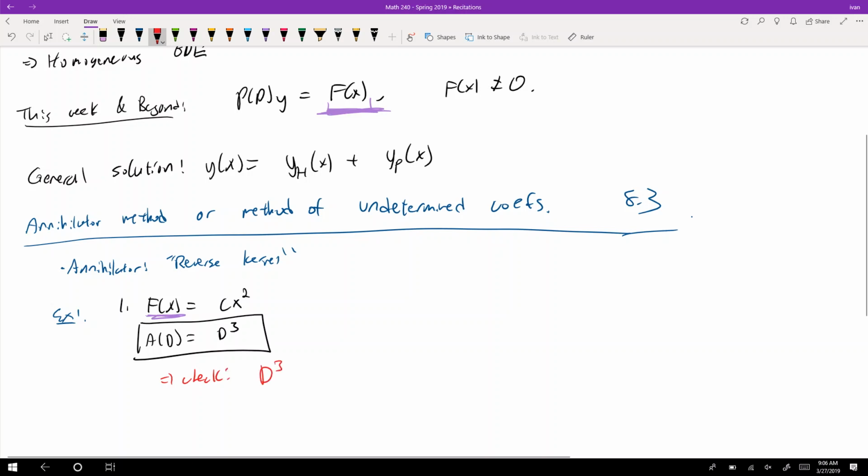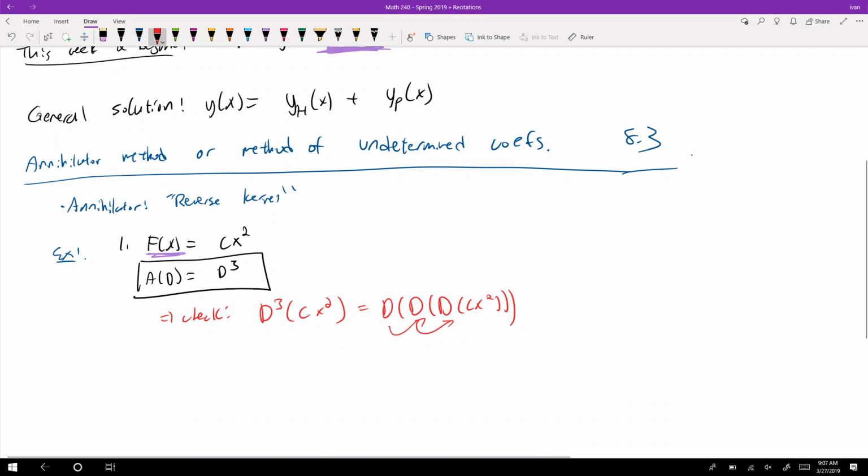So D cubed applied to cx squared. What is that equal to? That's equal to the derivative of the derivative of the derivative of cx squared. I'm applying the D 3 times here. And so what's the derivative of cx squared?